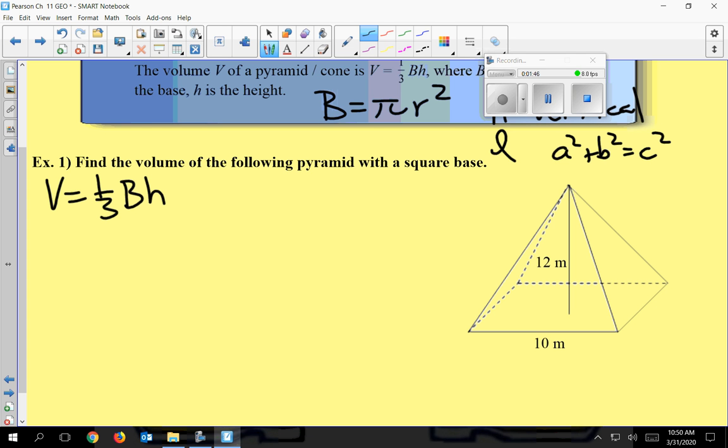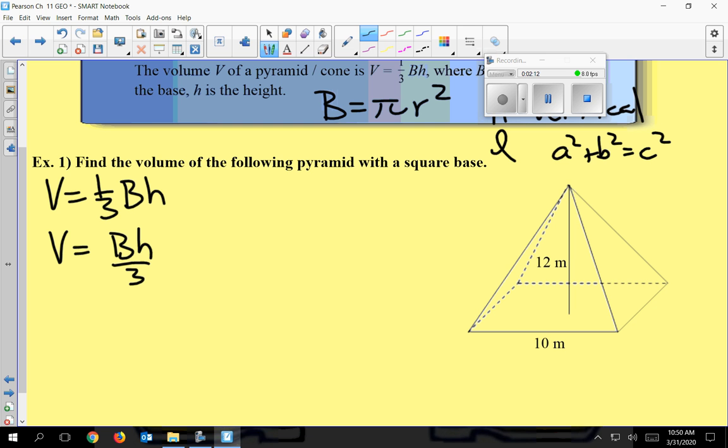That fraction kind of gets us going a little bit. We don't like that, so what I do is I go base times height, and then I divide it by 3. Just because it's a different kind of figure, you're going to divide by 3, or multiply by 1/3, and I like to divide by 3.